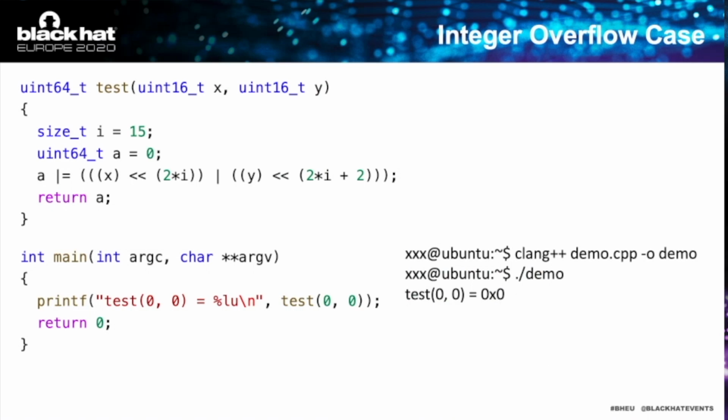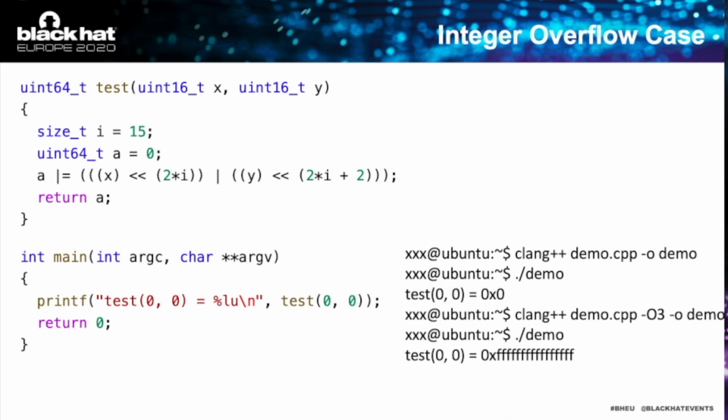This is another integer overflow case. The function test will compute the shifted result of the inputs. In common sense, the output result should be 0 when the inputs x and y are both 0. But if we perform level 3 optimizations, the output is not 0.